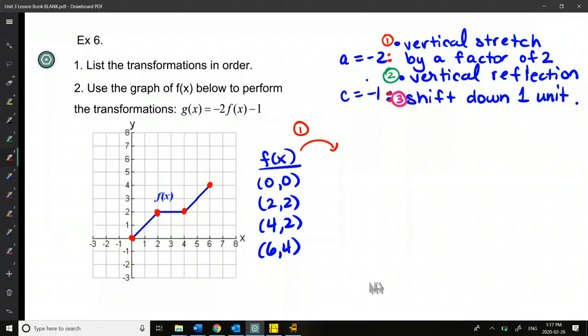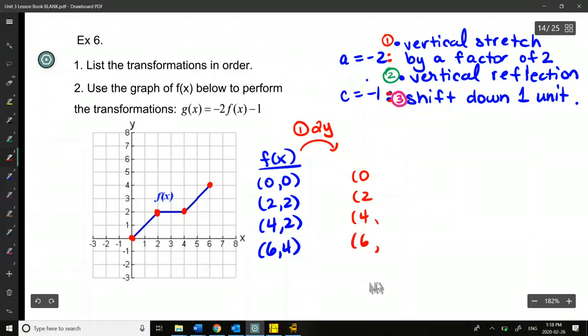Okay, so if we say vertical stretch by a factor of 2, we take our y coordinates and we multiply them by 2. That's the first transformation. The x's stay the same. There's actually no horizontal transformations here. We get 0 times 2, which is 0, 2 times 2, which is 4, 2 times 2, which is 4 again, and 4 times 2, which is 8.